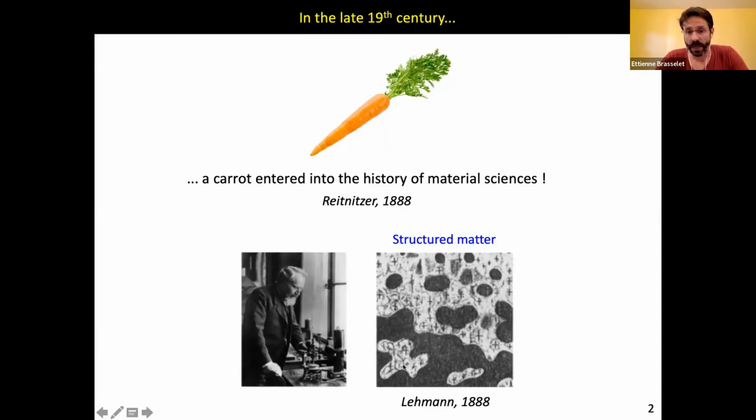And I do like this picture on the right, a handwritten photograph by Lehmann, looking in his crystallization microscope that we can see here on the left. And you can see some structures, some black and white.